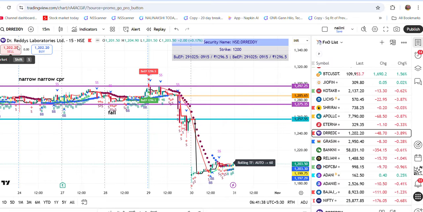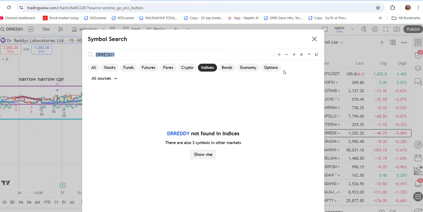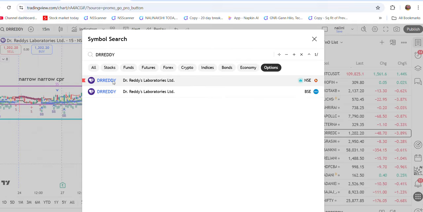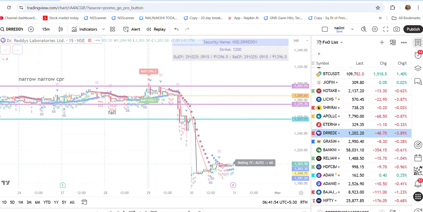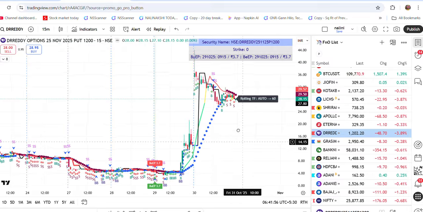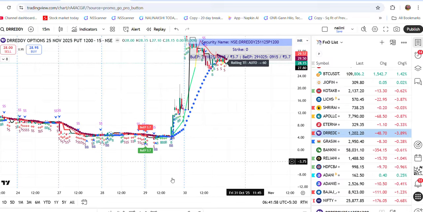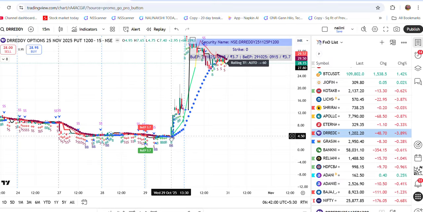That's how you can utilize the institutional presence with my rolling pivot. Let me go to the options and click on this. Let us concentrate on the 1200 put option. You can see over here on 29th itself, correspondingly 130, you could have taken position.